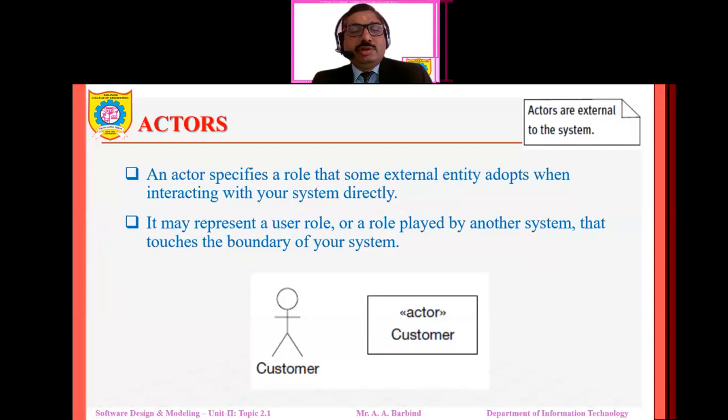So these actors are the external entities who interact with your system. The actors may play different roles, and depending on that, the number of actors may be identified with a particular system. The actors are always kept outside the boundary of the system.